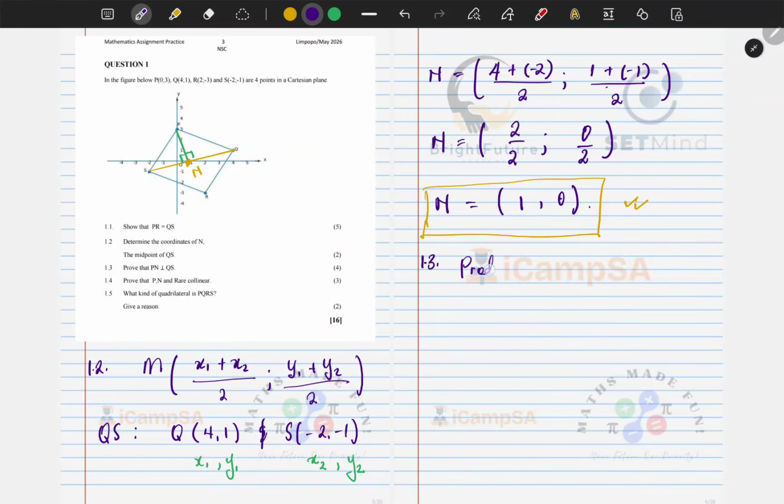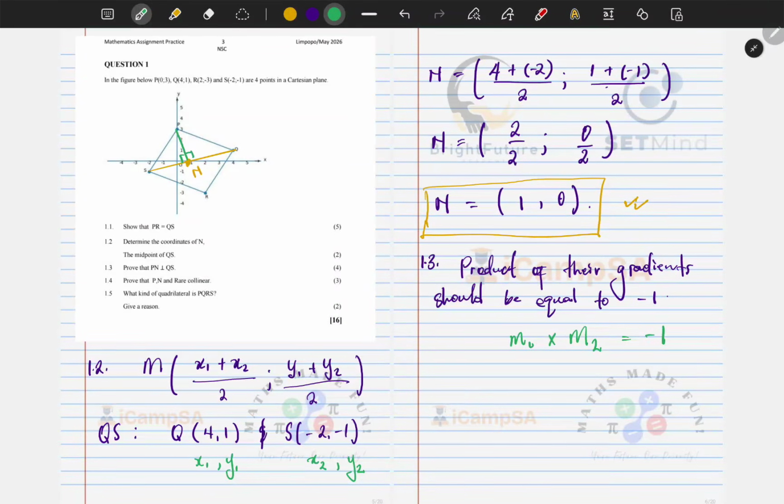So the product of their gradients should be equal to -1. In mathematical terms, this will be your m1 times your m2 equals -1.